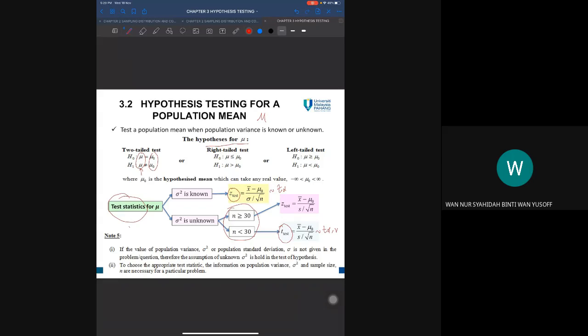Mu here is a population value, or here we call it the hypothesized value, the population mean or true mean. It is between negative infinity and infinity. Some questions use the words hypothesized value or hypothesis mean, and some questions use population mean or true mean, so it depends on the question.